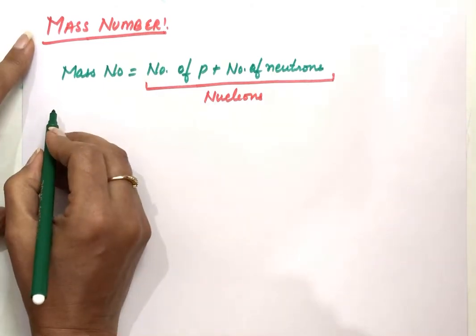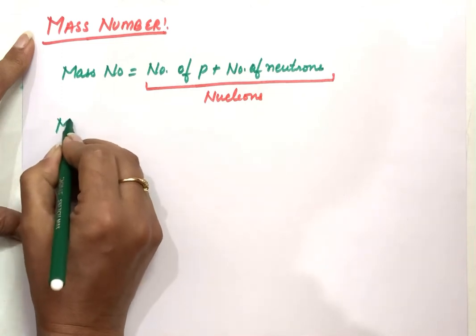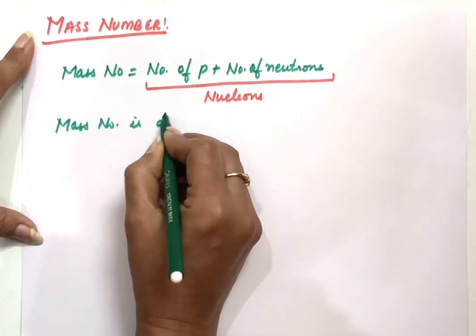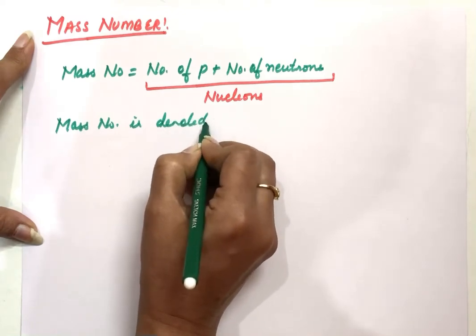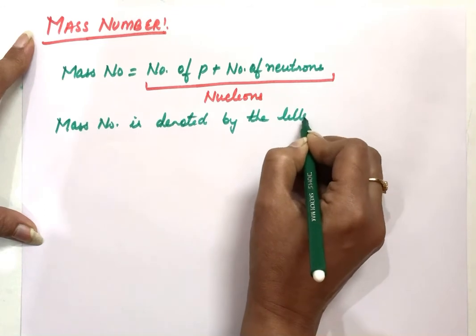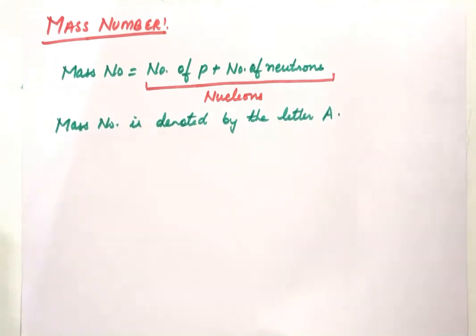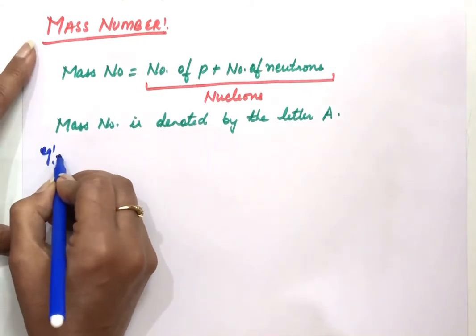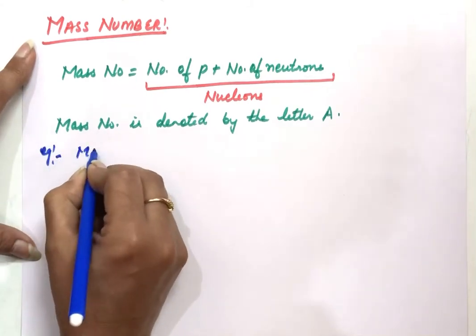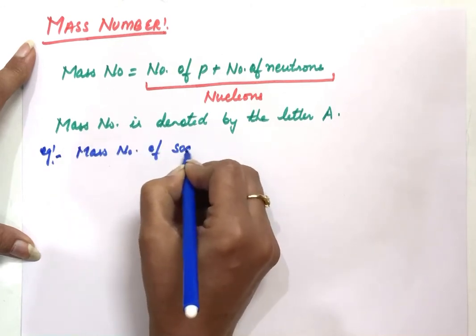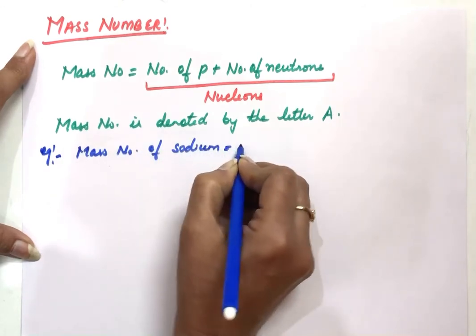And mass number is denoted by the letter A. For example, if we take mass number of sodium, mass number of sodium is equal to 23.